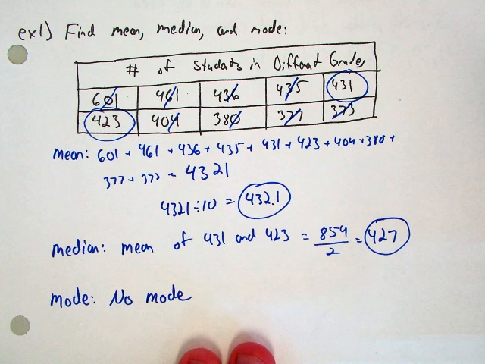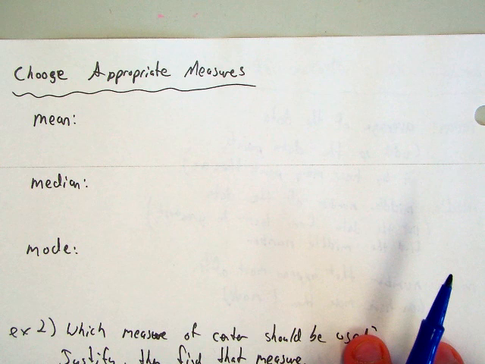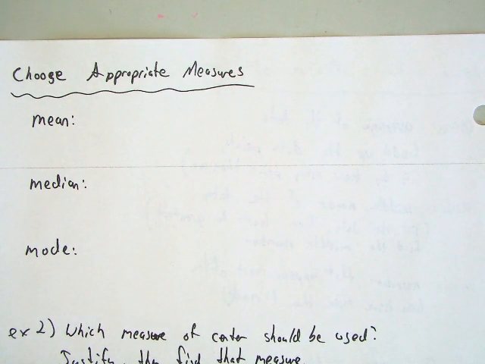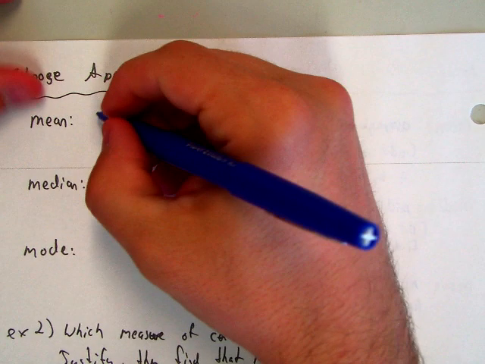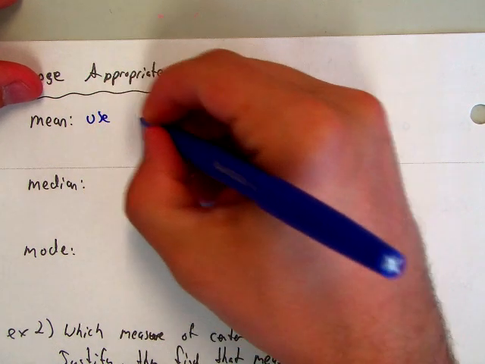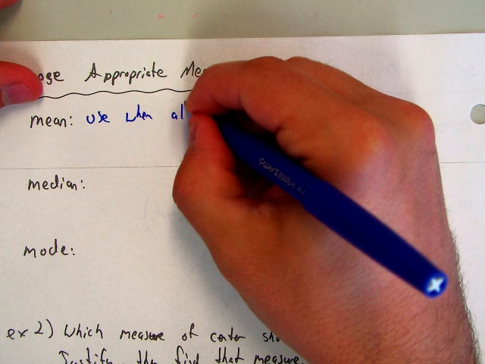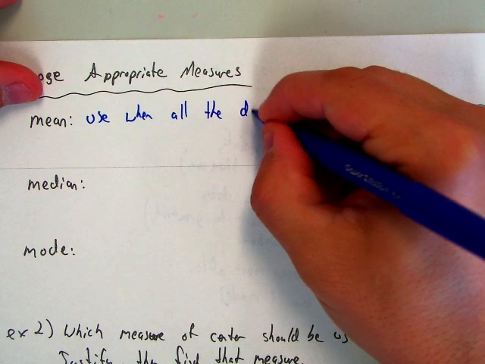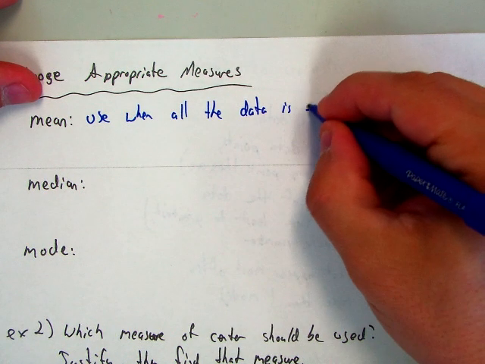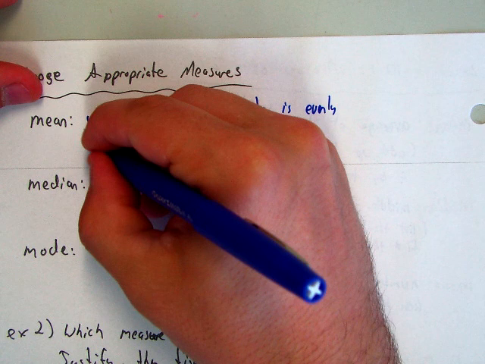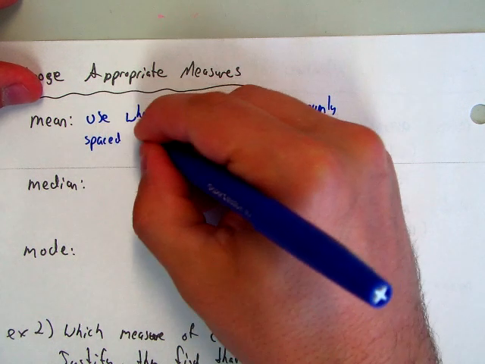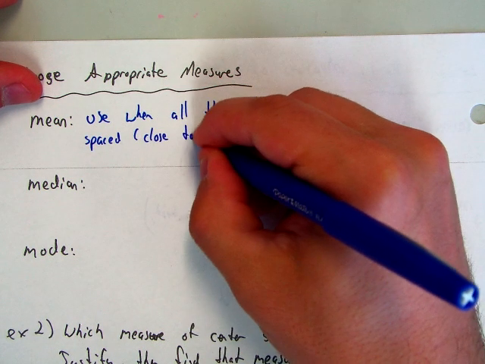Alright, so now that we know what the mean, median, and mode are, and how to find them, let's learn when to use them. So, when I'm figuring out when to use mean, median, and mode, the mean, I would use this when all the data is evenly spaced or close together.